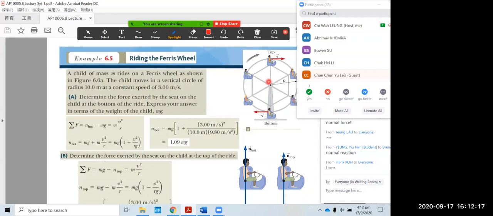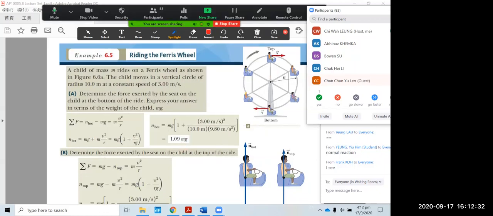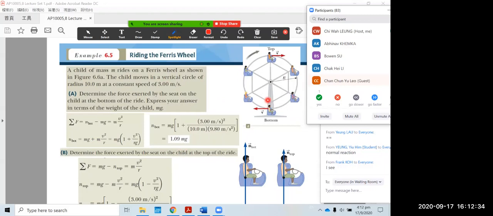In any case, here we try to consider what happens when you are having a vertical circular motion with constant speed. Say this is a Ferris wheel that is present in many of the playgrounds.